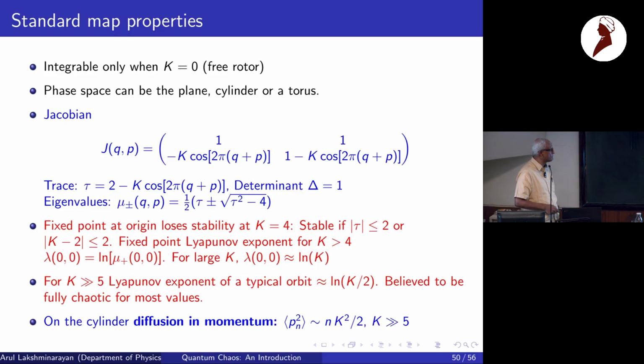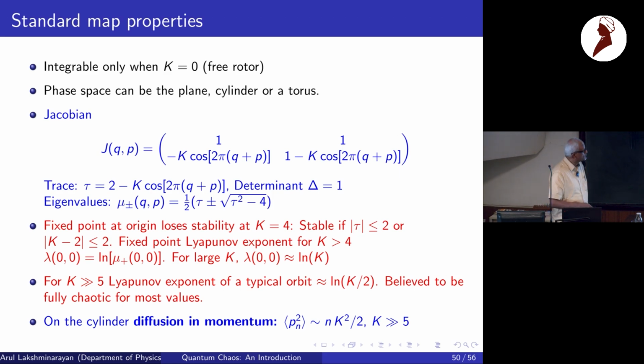So the square of this momentum, averaged over some bunch of initial conditions, will go as a linear power of time, and that's the diffusion constant given by this. So this is a deterministic system in which there is a normal diffusion going on. But there's a whole host of interesting diffusion phenomena in this deterministic map.